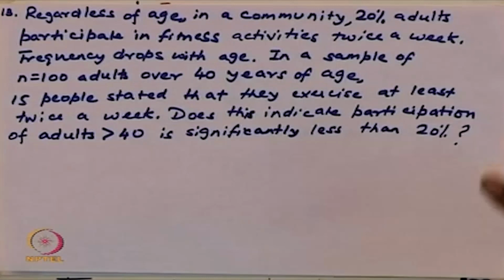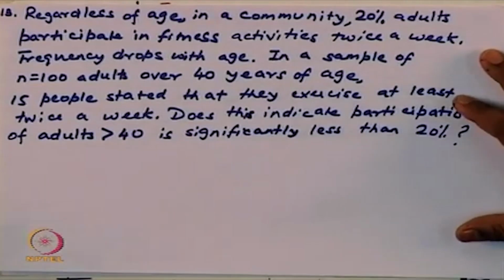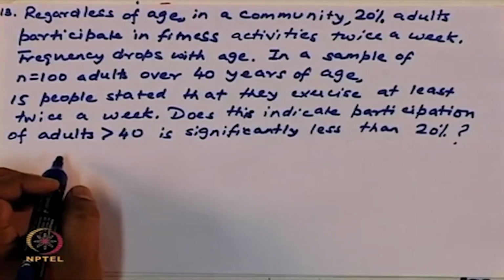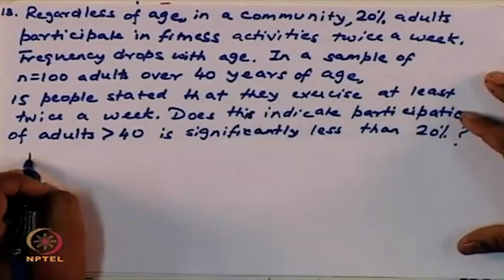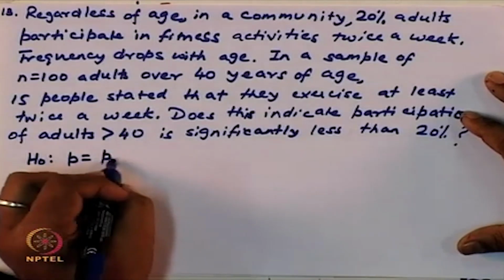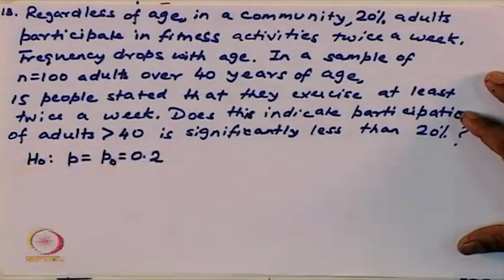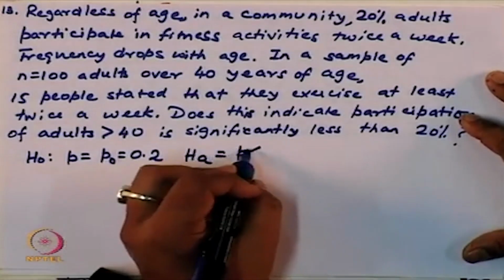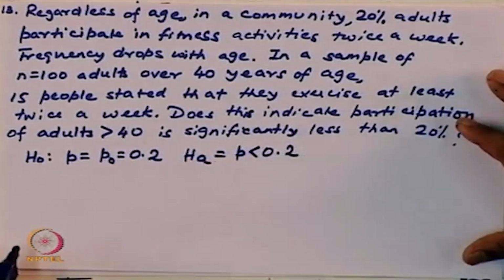Okay. So, what you are given in this problem is 20%, so you have a problem about proportions. Your null hypothesis H0 is P equal to P naught equal to 0.2, and your alternate hypothesis is P less than 0.2.